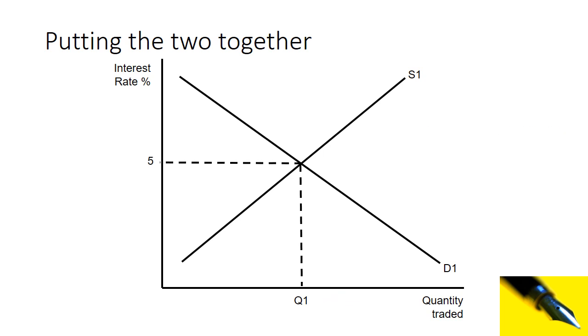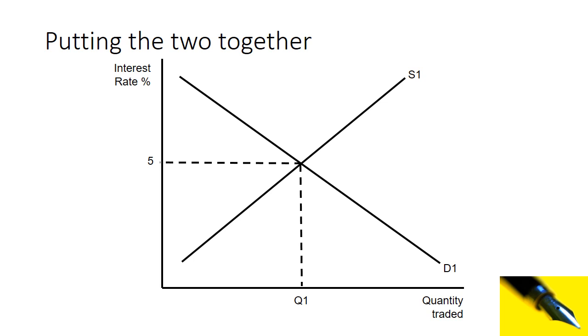So let's take the supply side. If there is a rise in saving for some reason, let's say the economy goes into recession and people are worried about the future, maybe they're worried about their future incomes, then they may decide to save more regardless of interest rates. In this case, the supply schedule will shift.